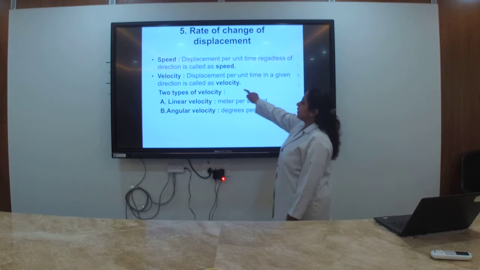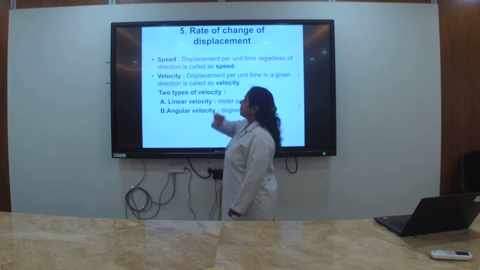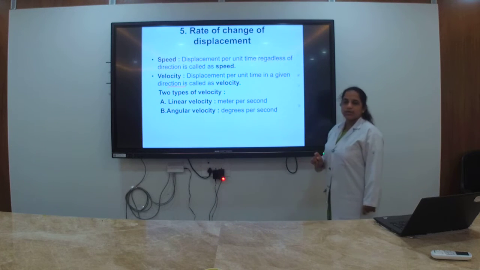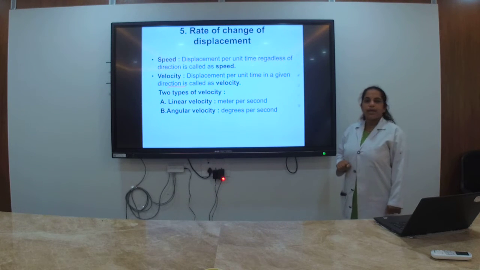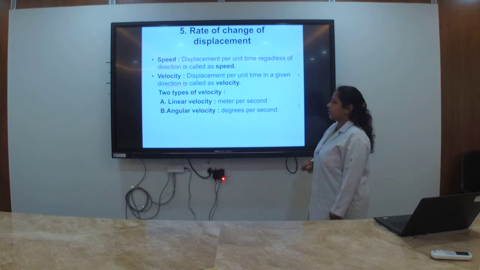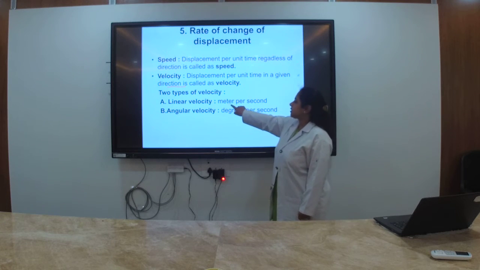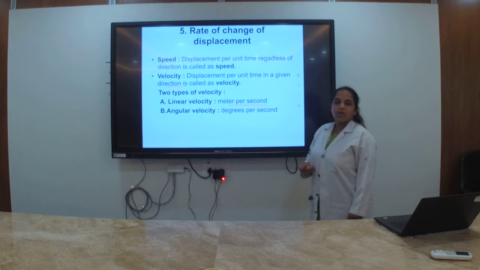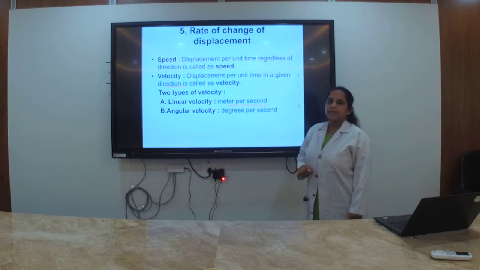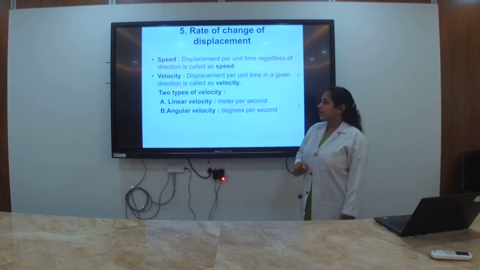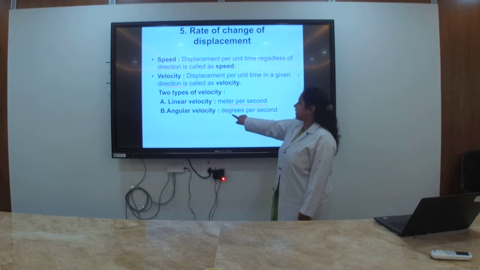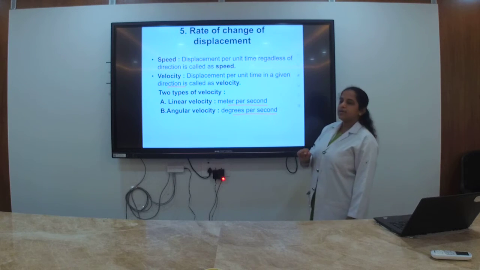So for velocity there is direction. There are two types of velocity, linear velocity and angular velocity. Linear velocity is expressed in meters per second, while the angular velocity, that is the velocity of a rotating segment, is expressed in degrees per second.